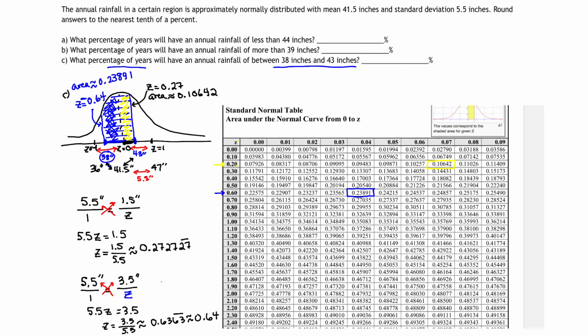I now take that area and add it to the yellow area. So the total of those two combined areas is 0.23891 added to 0.10642. A little bit of quick math. Let's see, make sure I don't make any mistakes here.